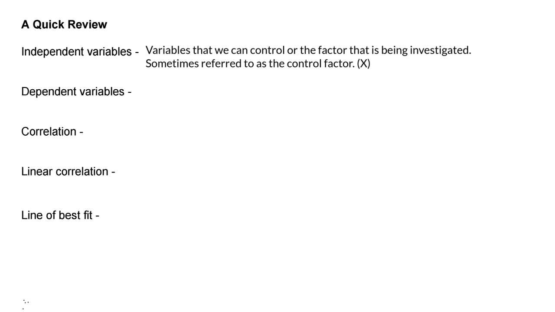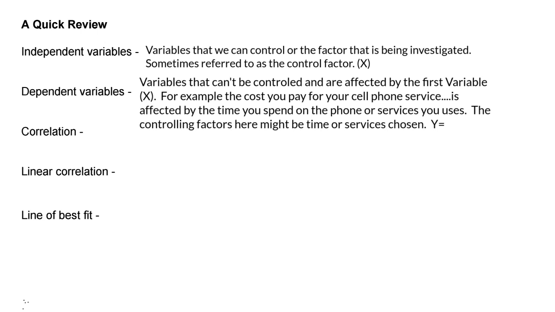So guess what, what do you think the dependent variables are? So when we're talking about this thing called a dependent variable, these are variables that can't be controlled, but are affected by the first variable x that we talked about before. For example, the cost that you pay for a cell phone service is affected by the time you spend on the phone or the services you use.